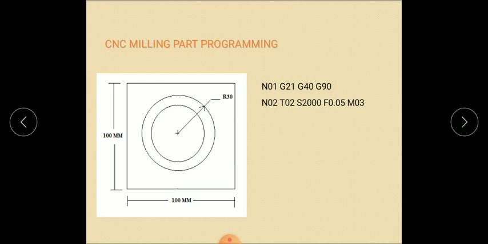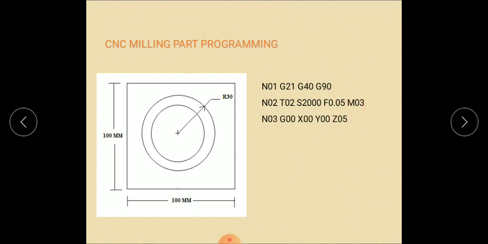Next, N02, T02, S2000, F0.05, M03. Here T02 represents the specific tool that needs to be selected. Then S2000 represents the speed, and F represents the feed rate. Then M03 means spindle start in the clockwise direction.